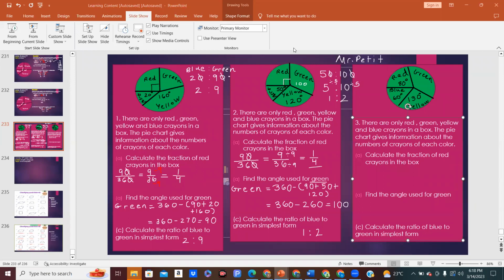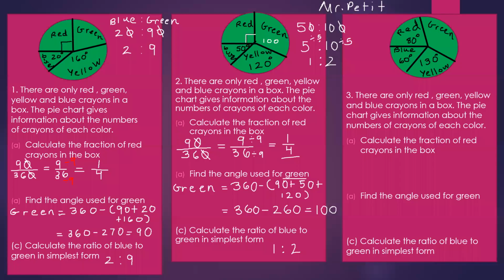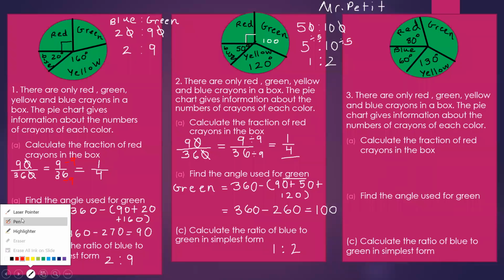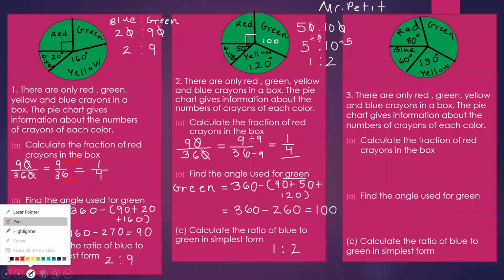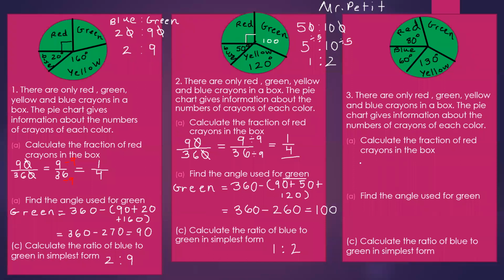So here we can have... Mr. Petit, you just do the same thing except change 9 to 8. Exactly, because we already have red, right? So it's red crayons in the box.